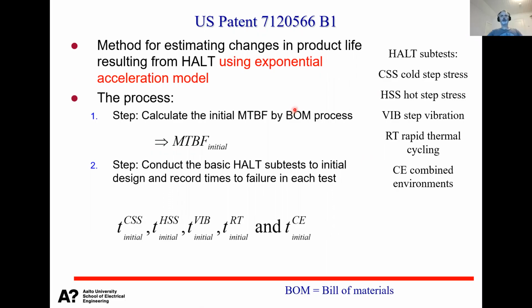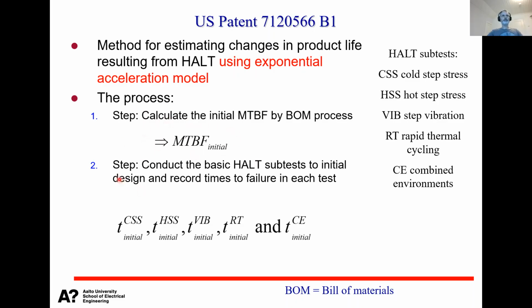This could be, for example, this MIL handbook part count process or whatever way of calculating the starting point. So you get some initial number for the failure rate or mean time between failures.